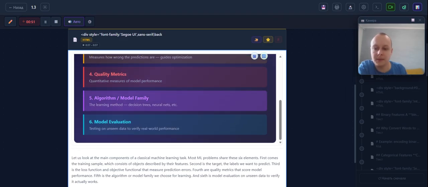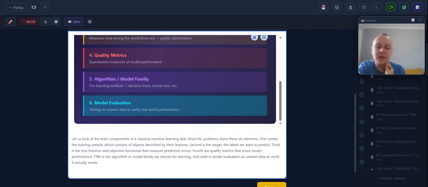Model family describes learning methods like decision trees, neural networks, and so on. And finally, model evaluation. It's the moment when we're testing our model on unseen data to verify real world performance.